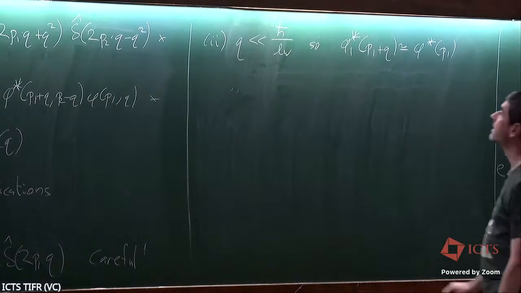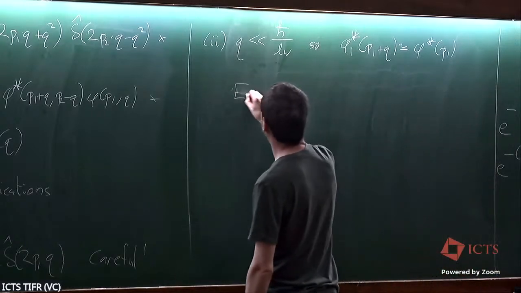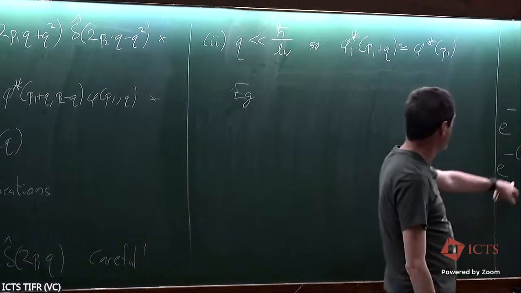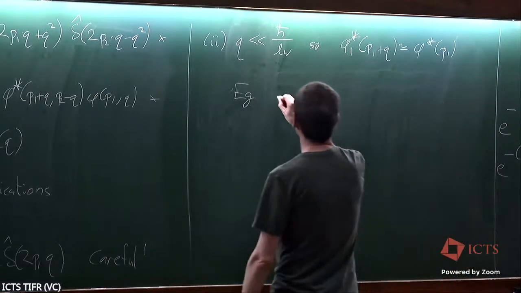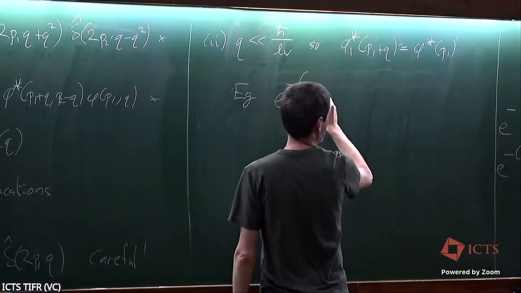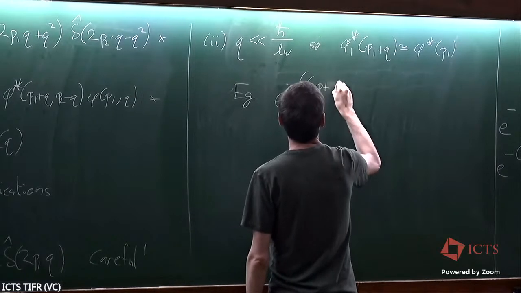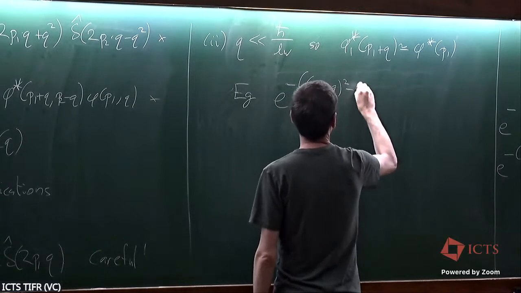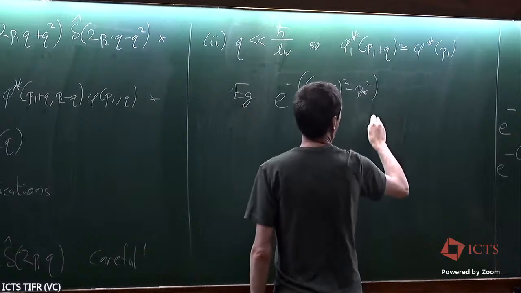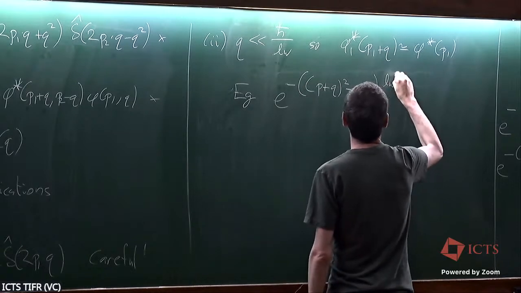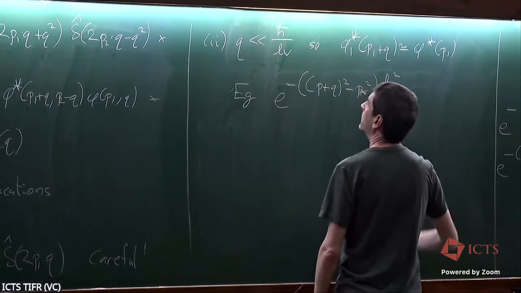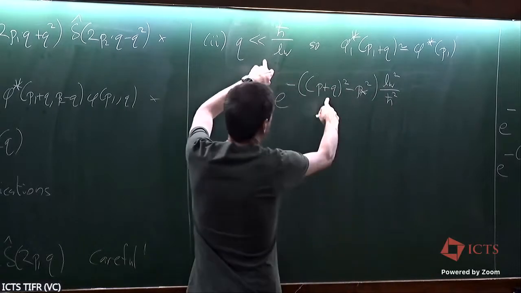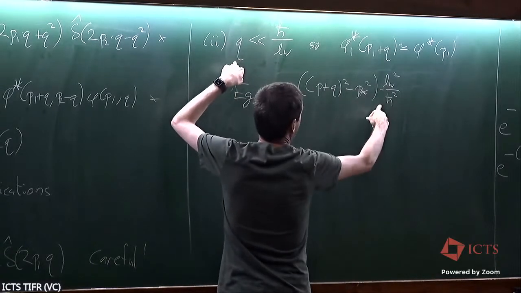So for example, here, if we consider the wave packet as being e to the minus (p plus q squared minus p star squared) LW squared over h bar squared. Well, there is a term here which is q LW over h bar.